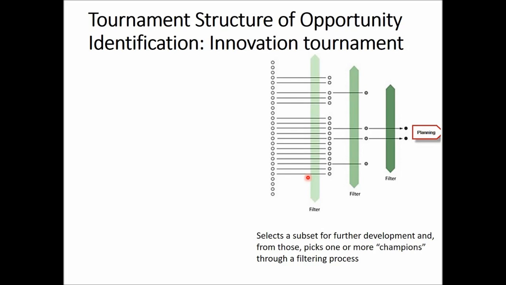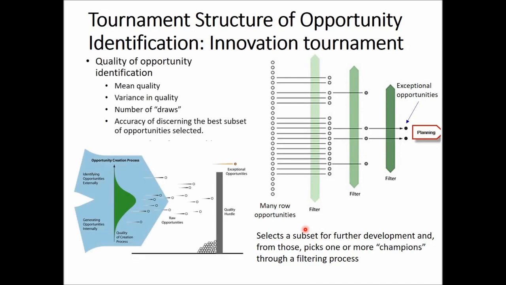We could look at the technology as a filtering technique. We could look at the manufacturing aspects as a filtering technique. So we send through these different filters and we come up with something exceptional. So you start with many opportunities and then we select exceptional opportunities through this tournament structure.